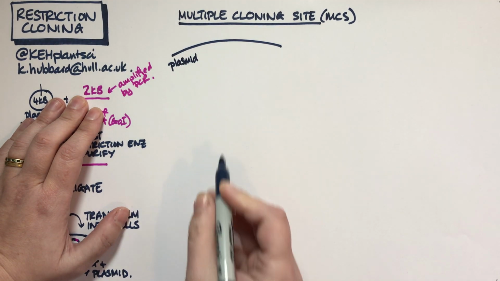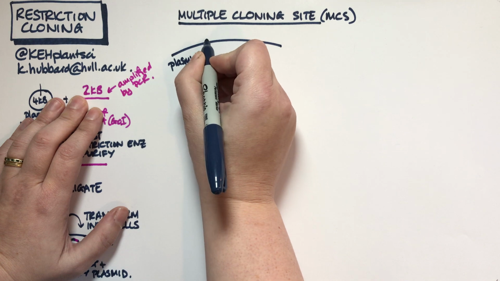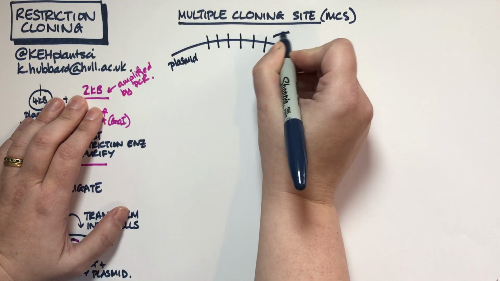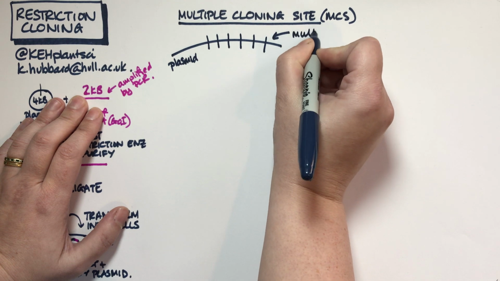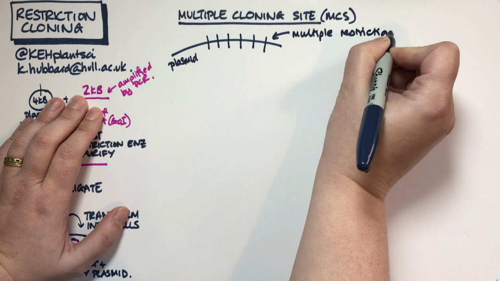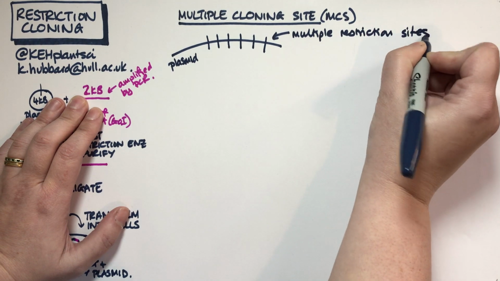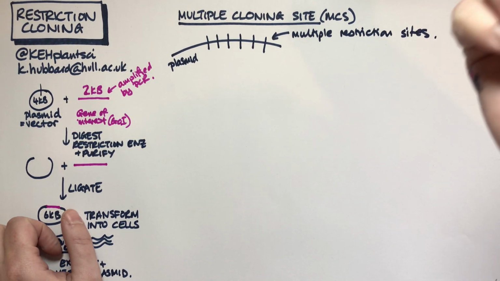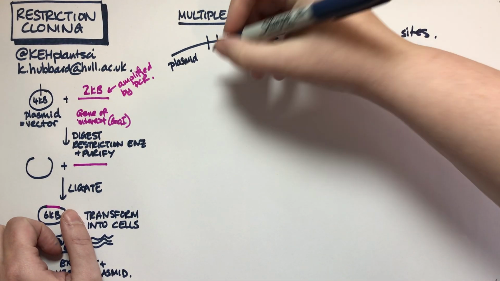We'll have a region on the plasmid where we have lots of restriction sites, one over the other. So we've got multiple restriction sites, and you can watch the restriction enzyme video to learn a little more about how restriction enzymes work. We might have these different sites.